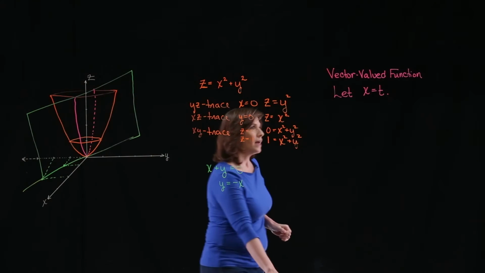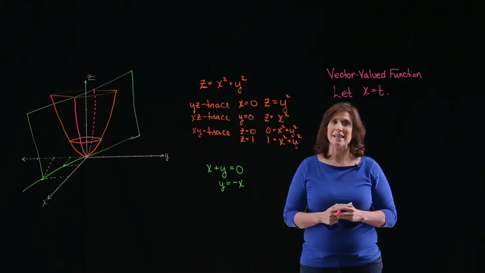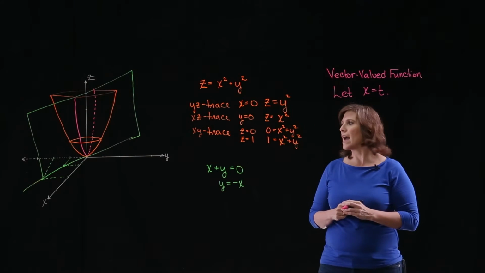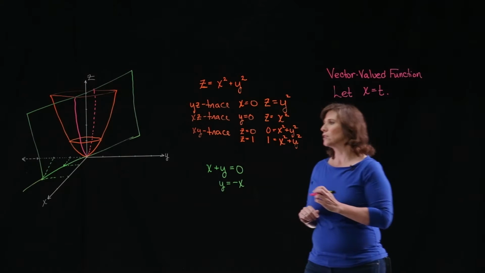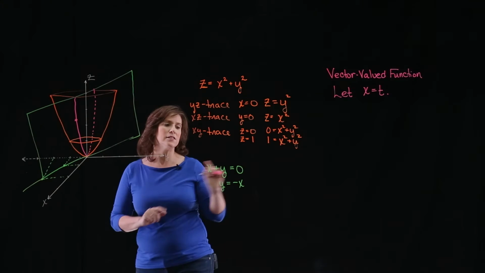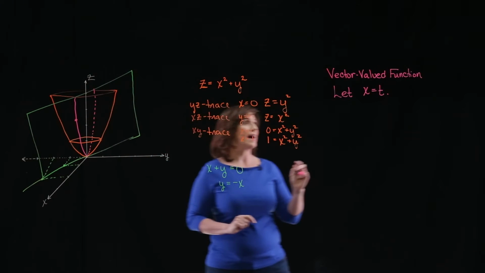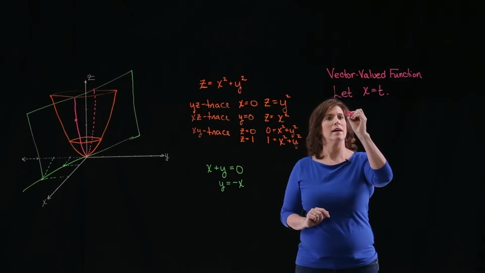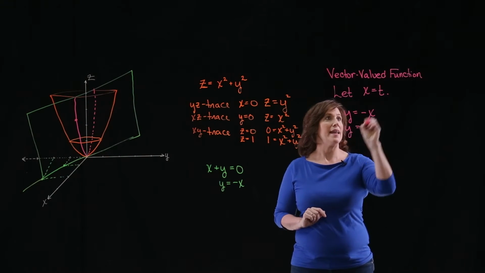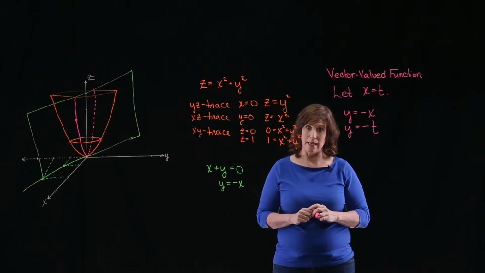All right. Again, we know that there are many ways of doing this, but we're going to start out by letting x equal t. So if x equals t, I know that any point along this curve is also on my plane, which means that since y equals negative x and x equals t, y will equal negative t.